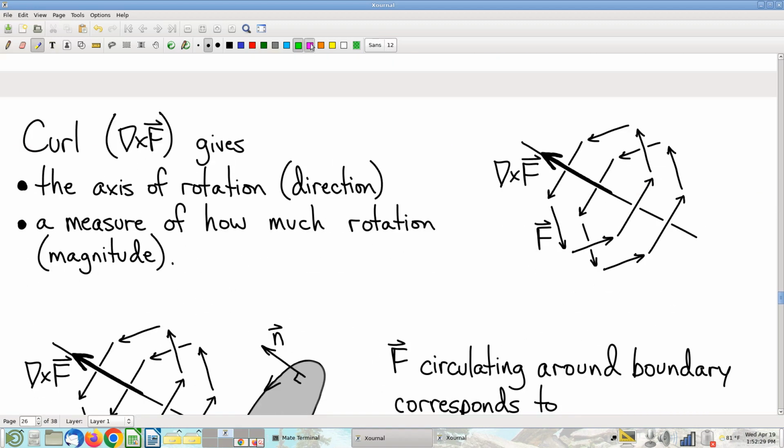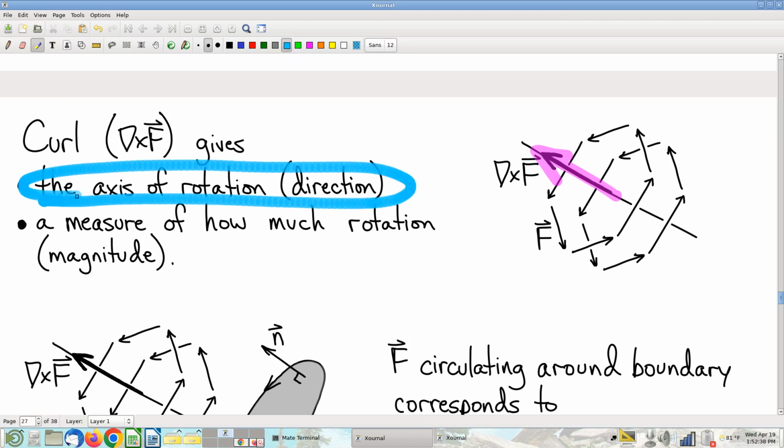Here's the curl vector. And again, this tells you two things. The direction that it points tells you what this axis is, that the rotation of the fluid, whatever the nature of the rotation of the fluid is, what is the axis around which the rotation is sort of maximally happening.